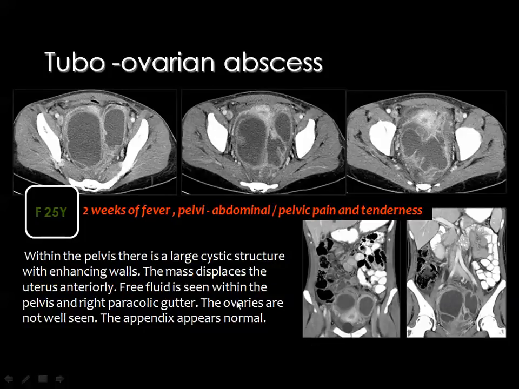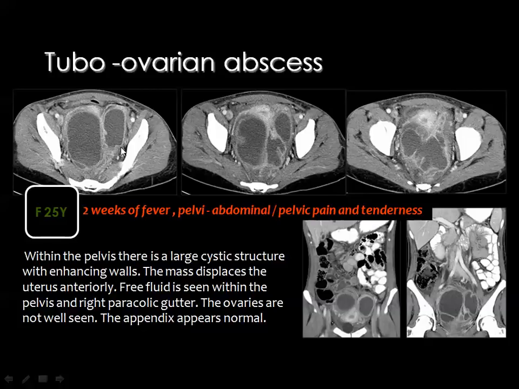And this is a 25 years old female with 2 weeks fever, pelvic abdominal pain and tenderness, and you see bilateral ovarian abscesses having the typical configuration of the abscess, cystic fluid containing lesion with marginal enhancement.